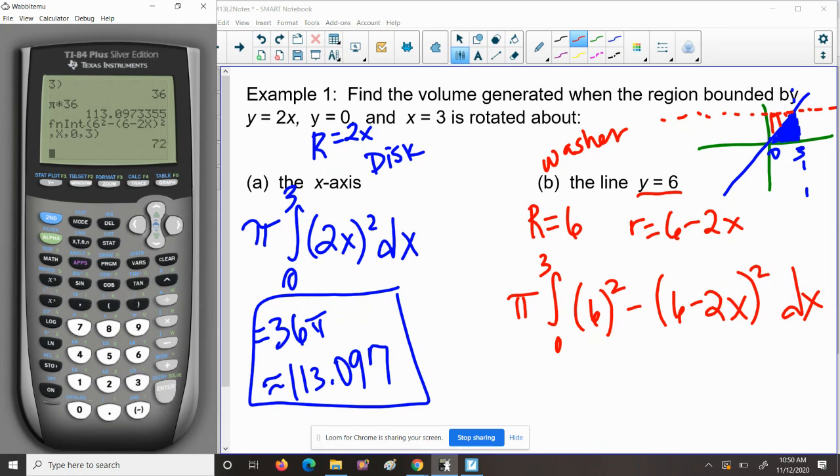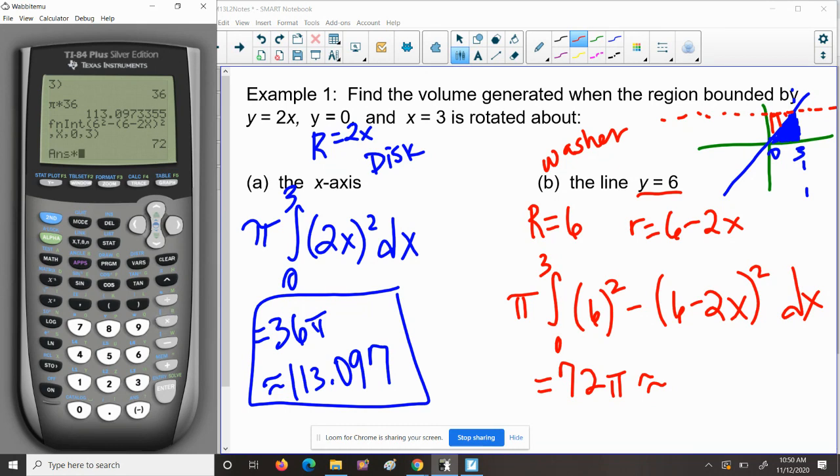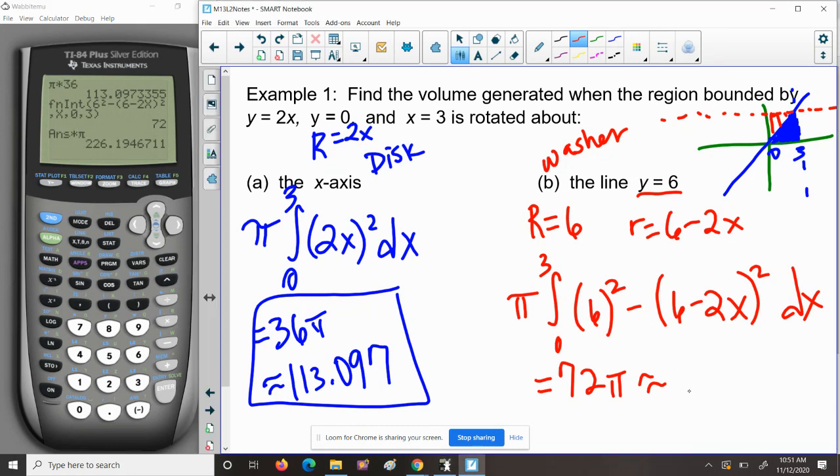And we have to multiply by pi, so that would be 72 pi, or approximately 226.195.